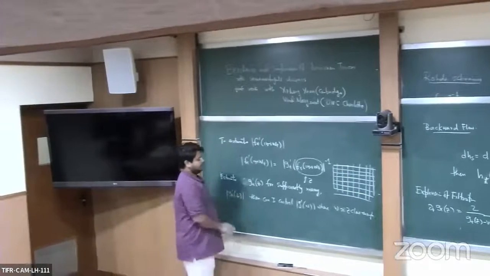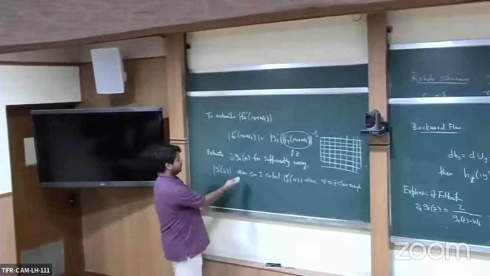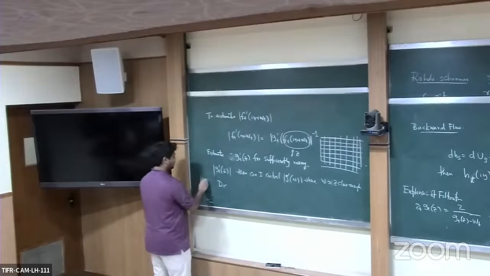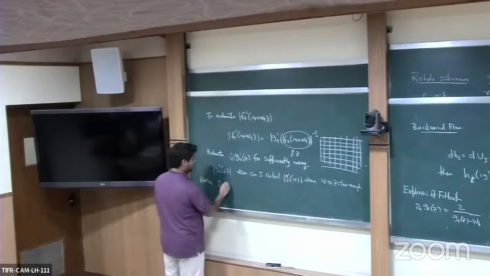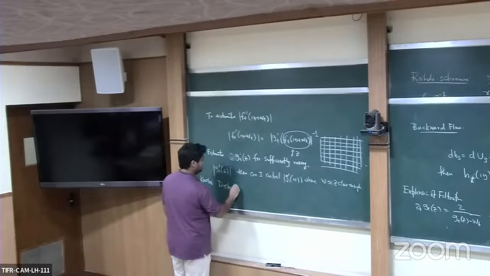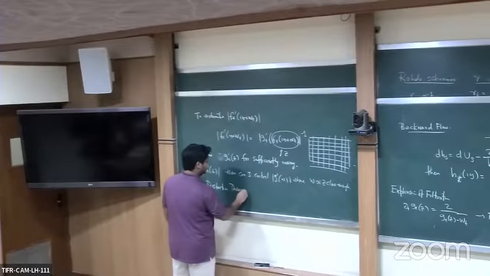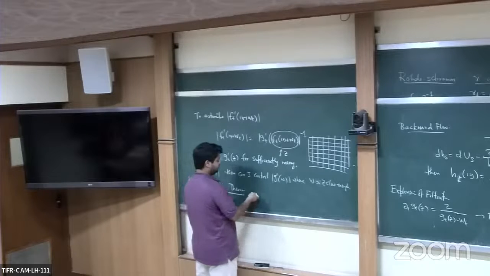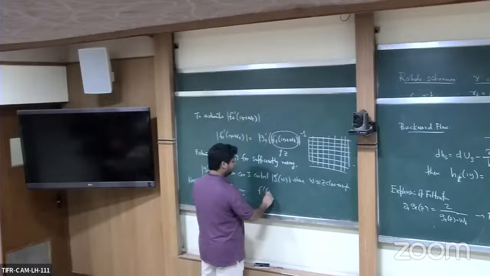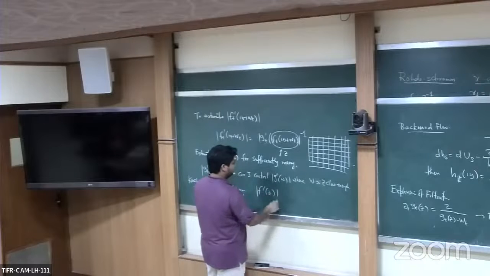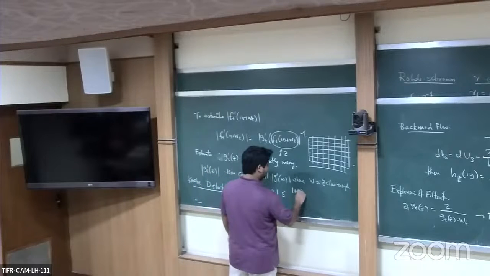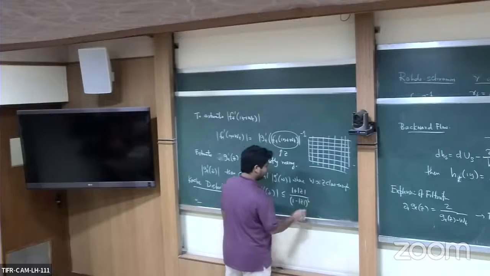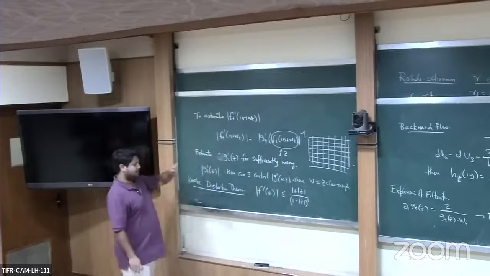This can be done by using what are called the distortion theorems, which in the simplest version just says if you have a univalent map, then this can be bounded by something like that.